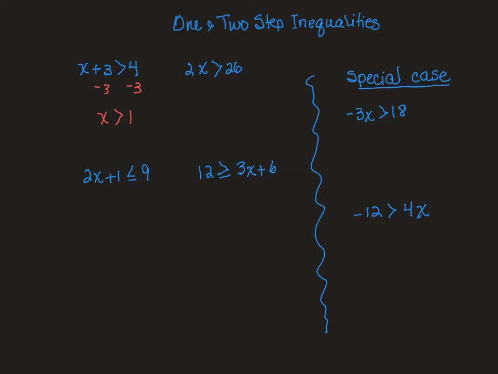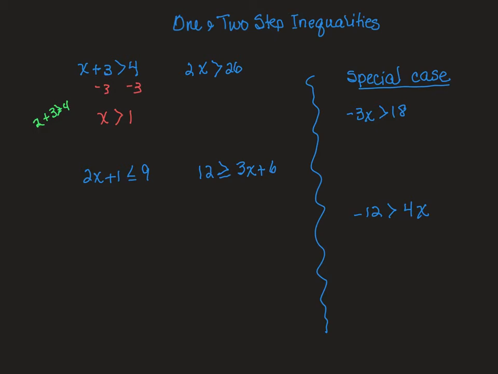Okay, and if I do my check, 1 plus 3 equals 4. But I need something greater than 1, because this says x has to be greater than 1. So 2 plus 3 is greater than 4.